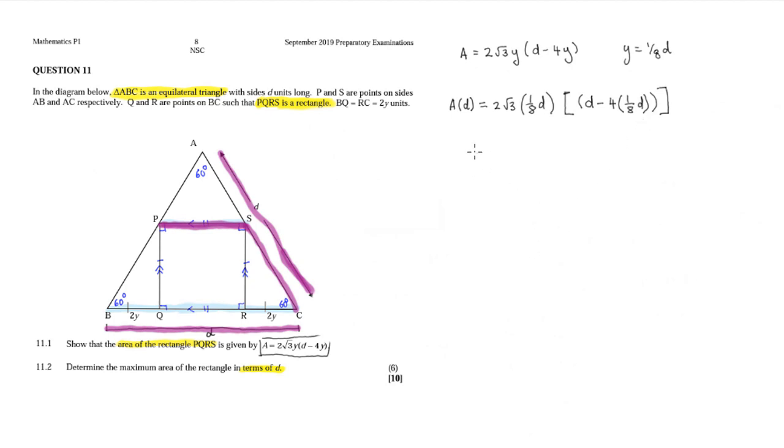Simplifying this, 2 goes into itself once and into 8 four times, so we have the root of 3 over 4D.